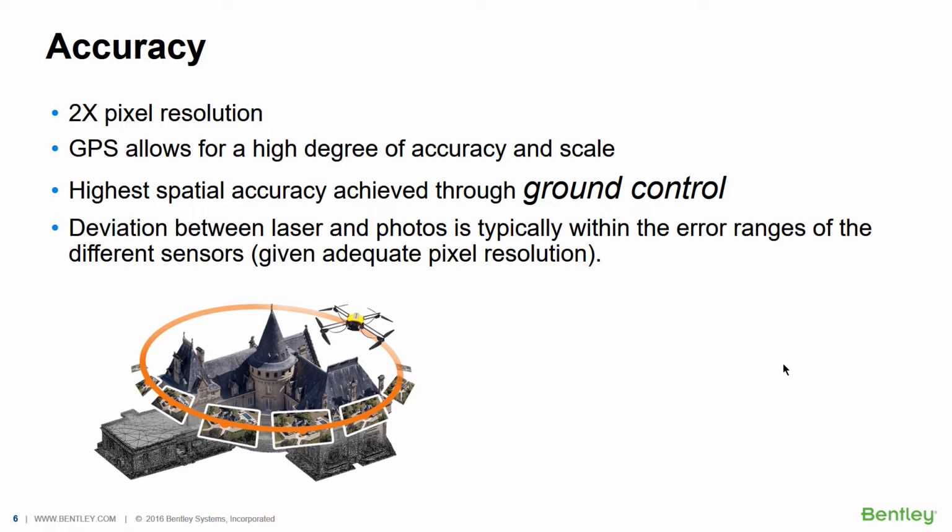And if you add in ground control with not just aerial photographs, but some ground shots, then you will increase the accuracy even further. It's getting to the point where the deviations between laser scanning and photography are within the error range. So really interesting and exciting technology here.